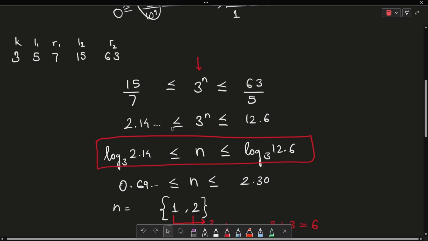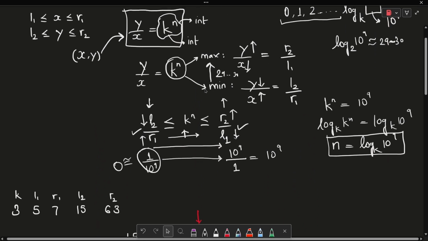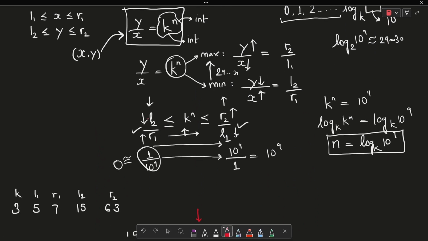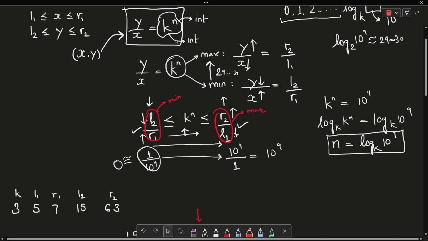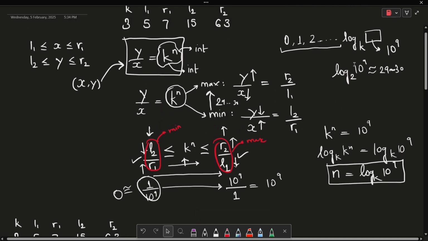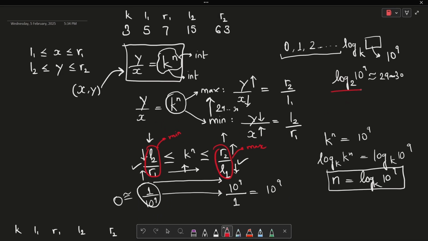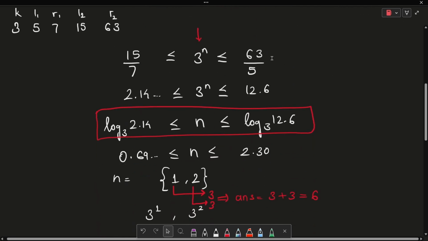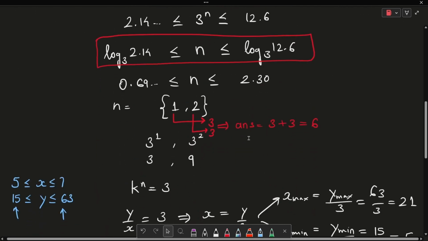And the minimum and maximum possible values of k to the power n are L2 by R1 and R2 by L1. This is the minimum possible value, and this is the maximum possible value. And we have proved that, in the worst case, it can be 29 to 30 iterations. So that is fairly within the time limit, right, according to the constraints.